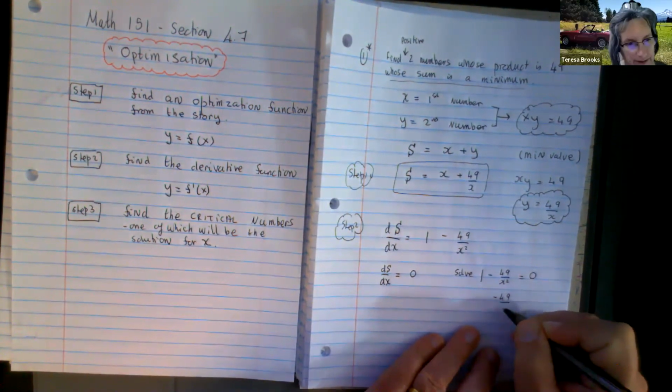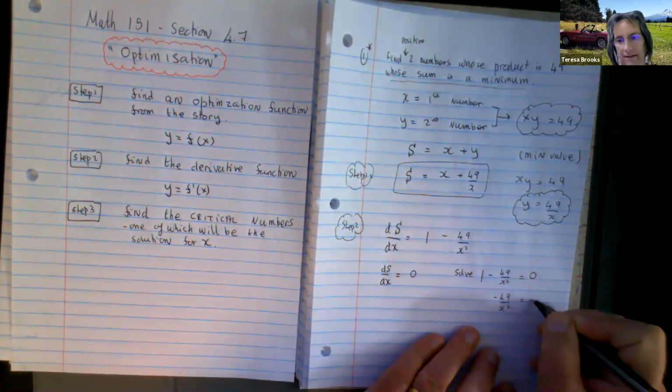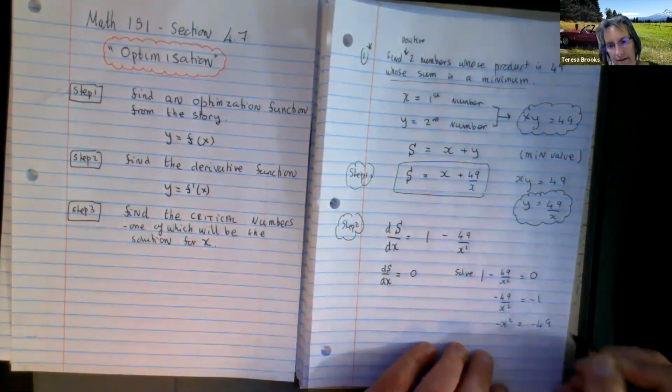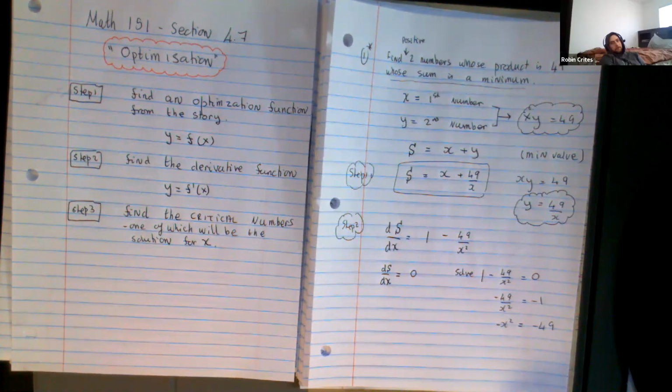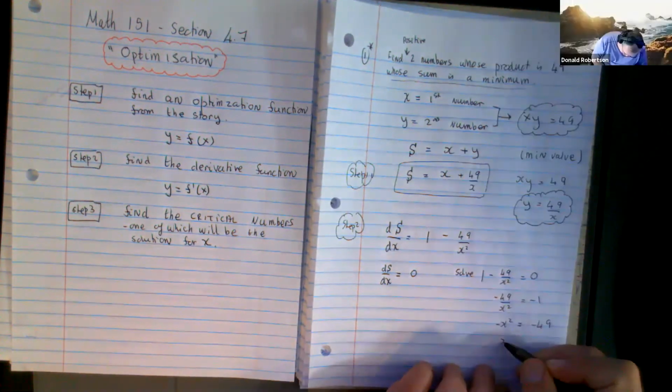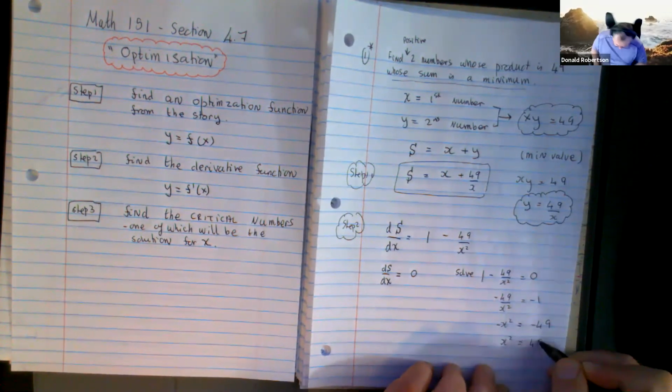And then cross multiply. Yeah, nothing wrong with it. Multiply by -1. Yeah, good idea to get rid of those negatives.